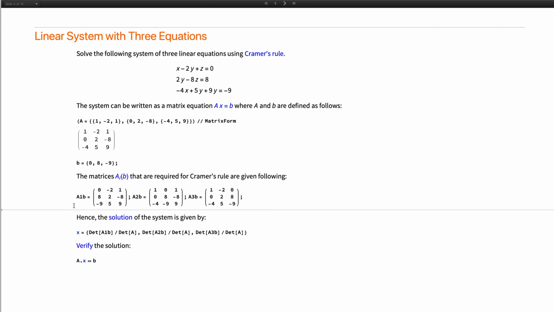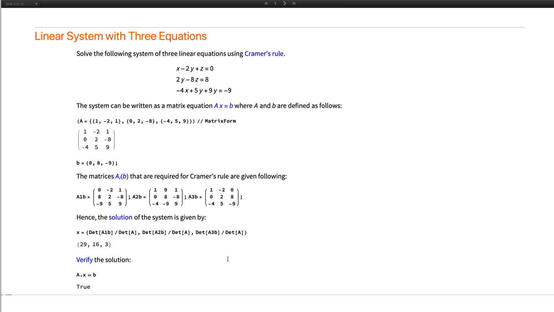The first determinant over here is obtained by replacing the first column by the right-hand side, 0, 8, -9, etc. And then you can quickly work out the solution components. So you get x1, x2, x3, and you can check the solution using Wolfram Language. So that's Cramer's rule for systems.